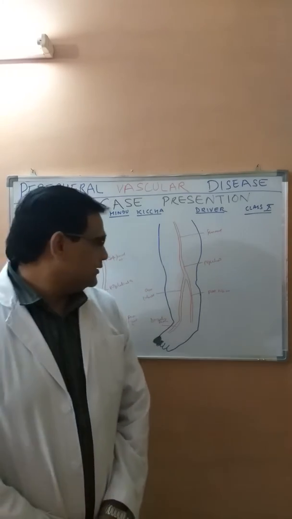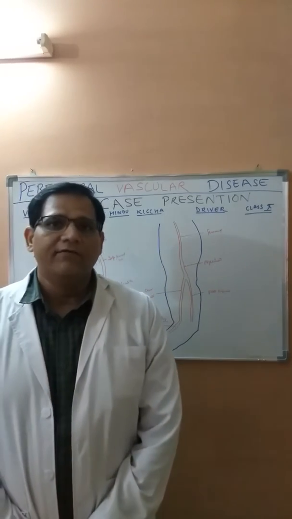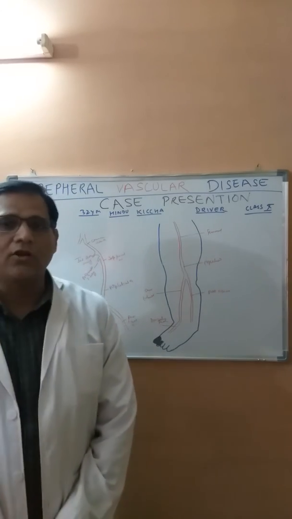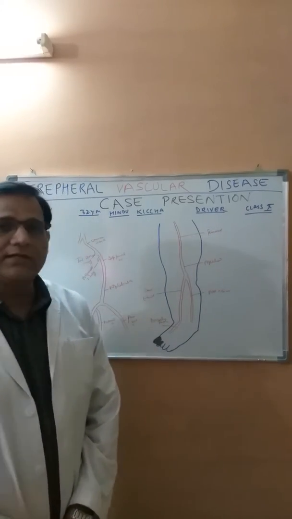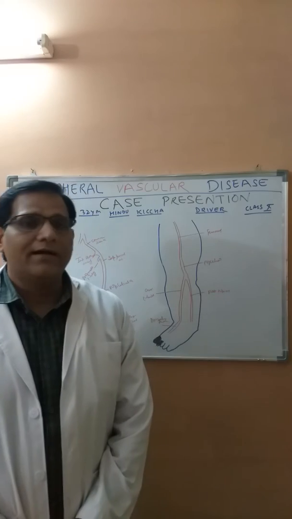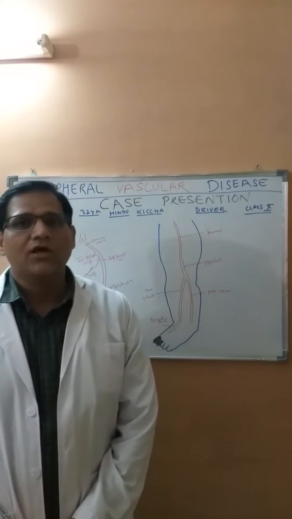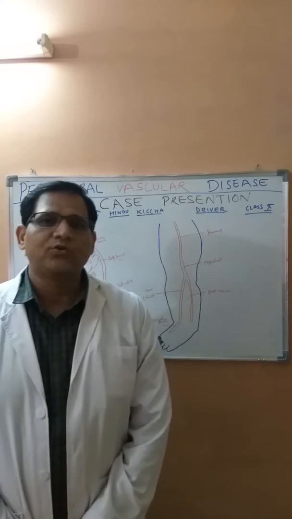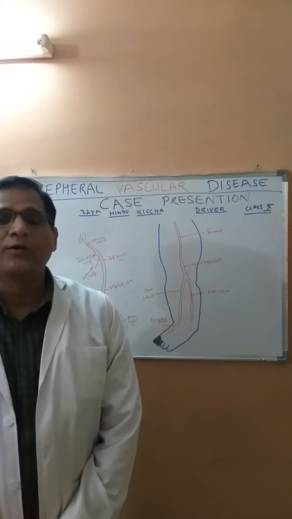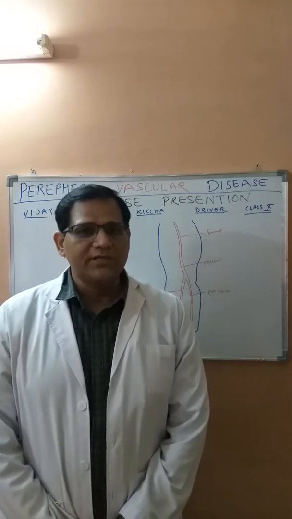The pain gets aggravated when the patient stands for a longer time or walks a larger distance, and pain gets relief only by taking rest, or sometimes on and off the patient has to take medication to get relief from his pain. So this was about the pain.